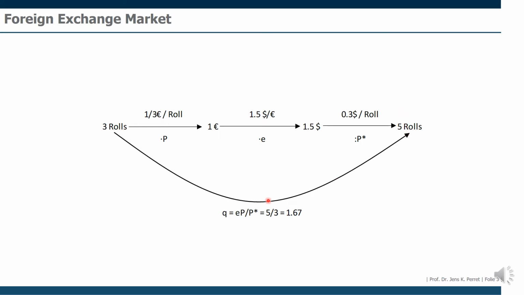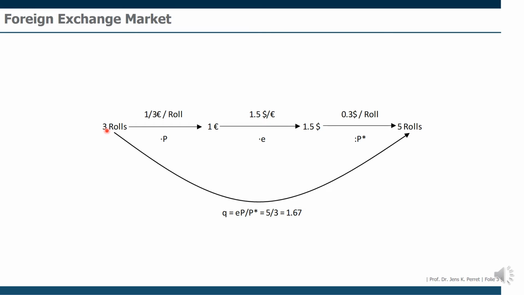And that's actually what the real exchange rate is all about. This tells us that to get from German rolls to US rolls, I have to divide the 5 by the 3. So the real exchange rate in this context, from one real good to another real good, is 1.67, which is 5/3.